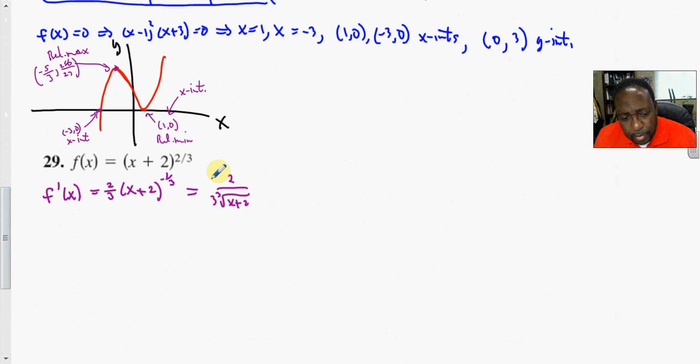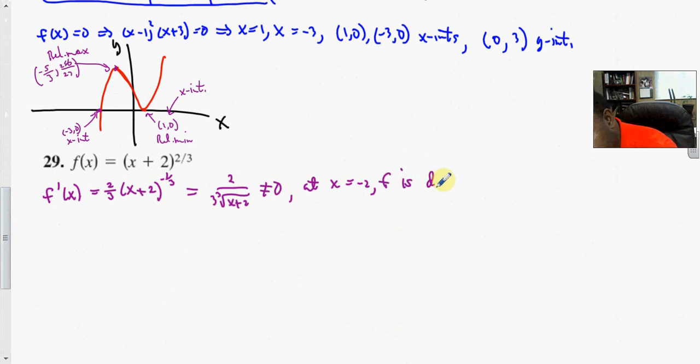Well, notice here that f prime does not equal 0. But we have a point of discontinuity at x equal to negative 2. So at x equal to negative 2, f prime is discontinuous.